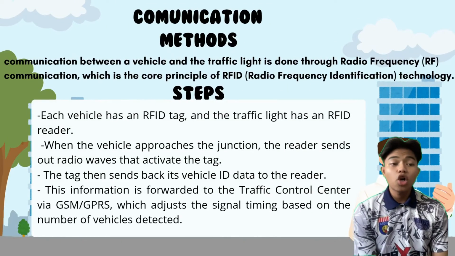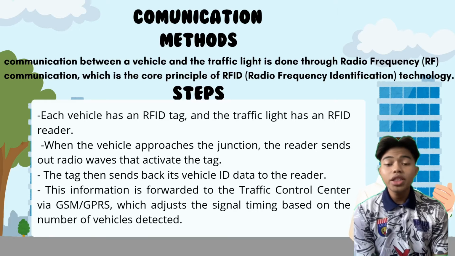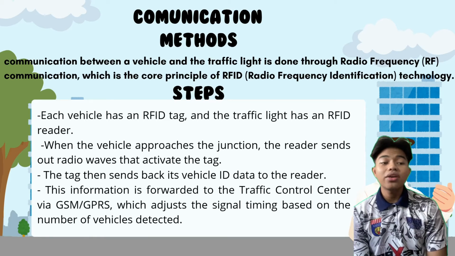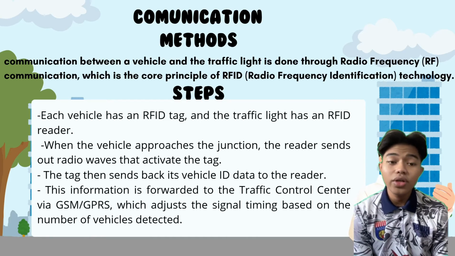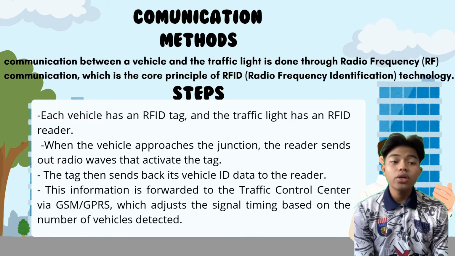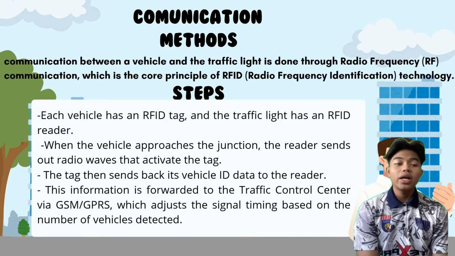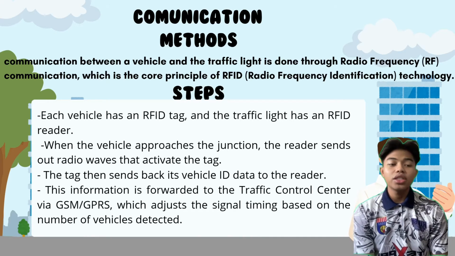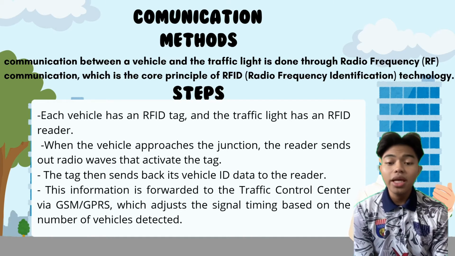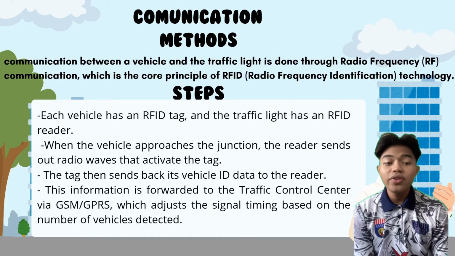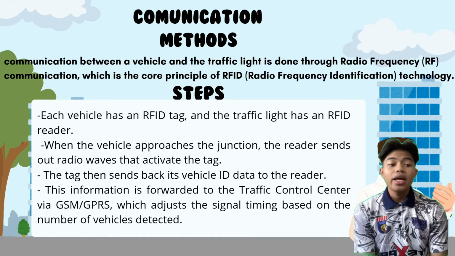Next are the communication methods. Communication between a vehicle and the traffic light is done through radio frequency communication, or RF communication, which is the core principle of RFID, radio frequency identification technology. The steps are, first, each vehicle has an RFID tag and the traffic light has an RFID reader.